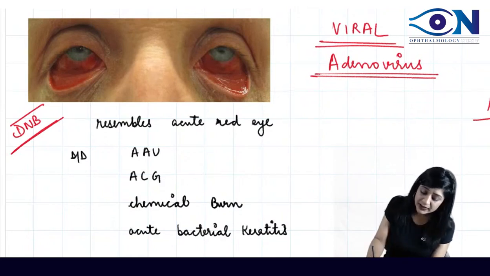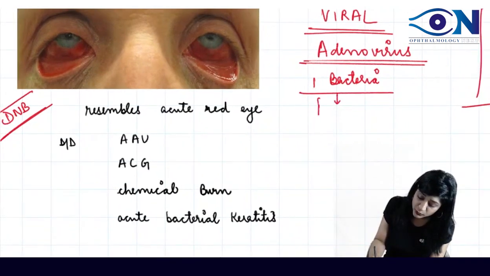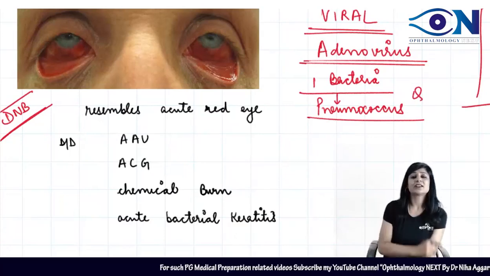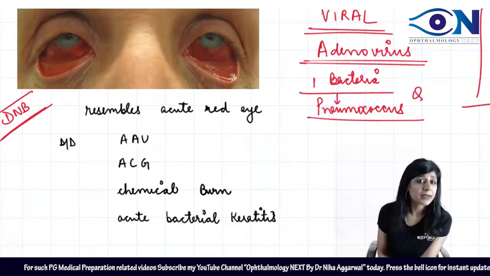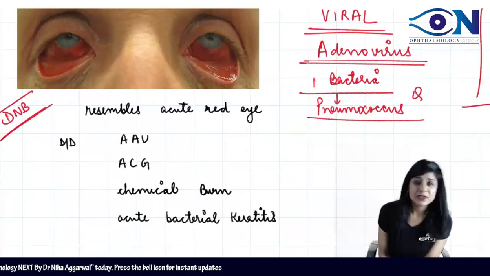There is only one bacteria which is causing the hemorrhages. Note it down. This is your pneumococcus. It causes the petechial hemorrhages. Otherwise, hemorrhages means the virus.